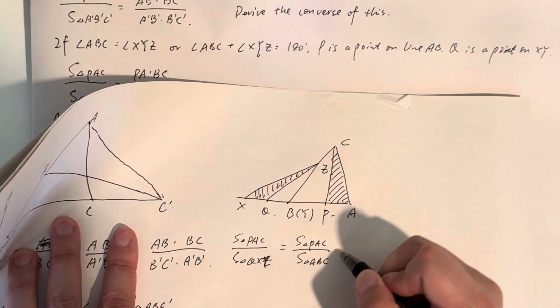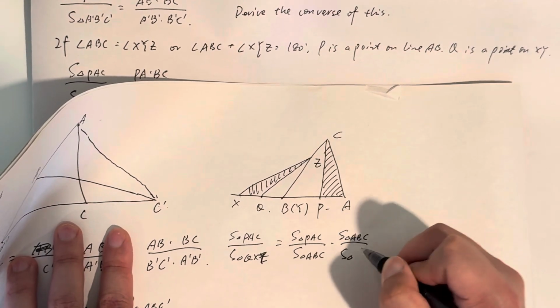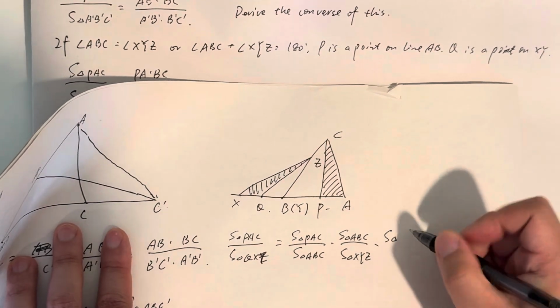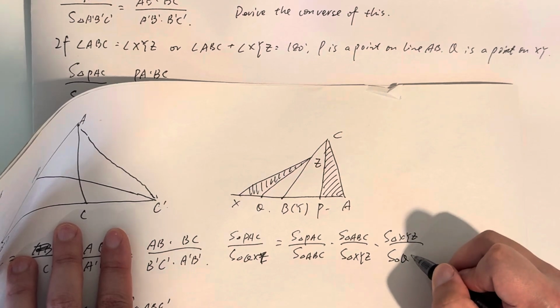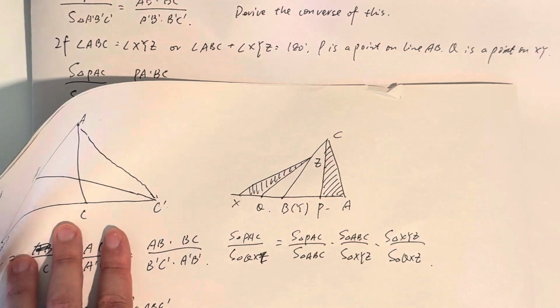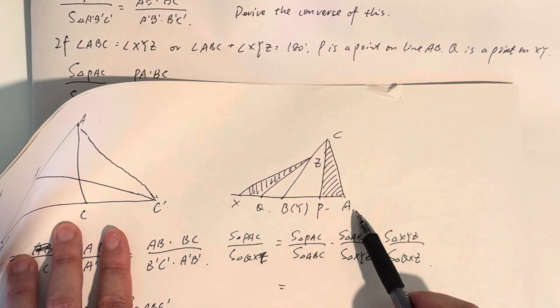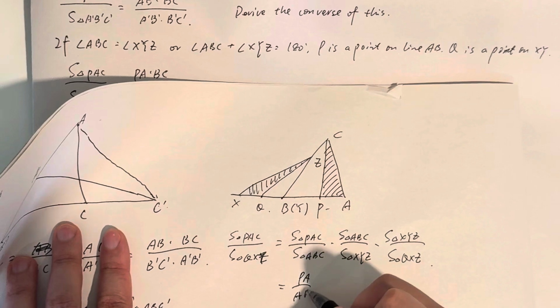And then we calculate the area of triangle ABC to the area of triangle XYZ second, and then we calculate the area of triangle XYZ to the area of triangle QXZ, right?